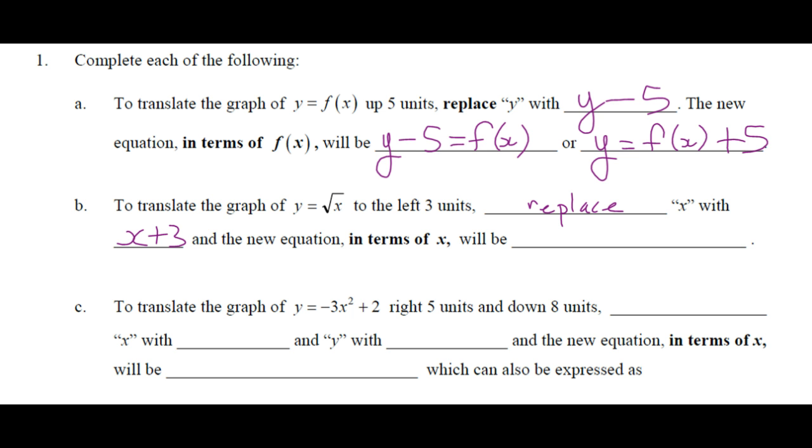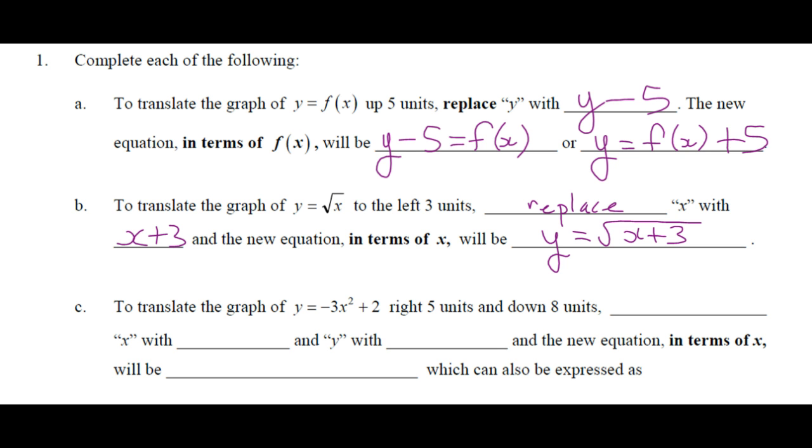And the new equation in terms of x, so not f of x, just in terms of x, will be y equals the root of x plus 3. Okay, so we look at it and we say, if I replace x with x plus 3, that is a translation to the left 3 units. If I want to make a translation to the left 3 units, everywhere I see an x, I will replace it with an x plus 3.